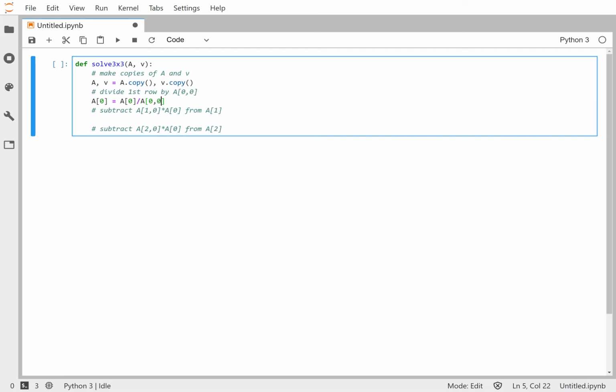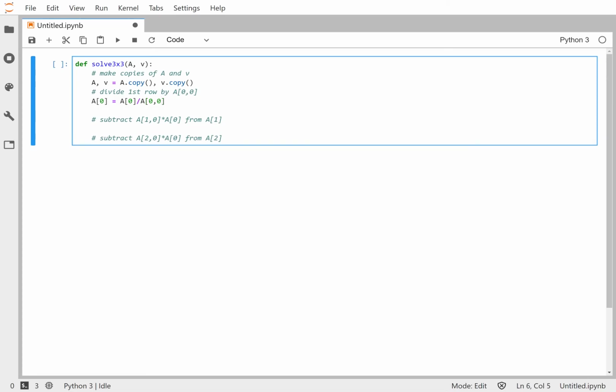But we also have to do the same thing to V. And it's tempting to write V0, so the new V0 is equal to the old V0 divided by A00. However, this is a bug in the program. If we look here, A00, we have already changed A by the time we run this next line of code. So we'd be dividing by the wrong value. We wanted to divide by the original value in A.